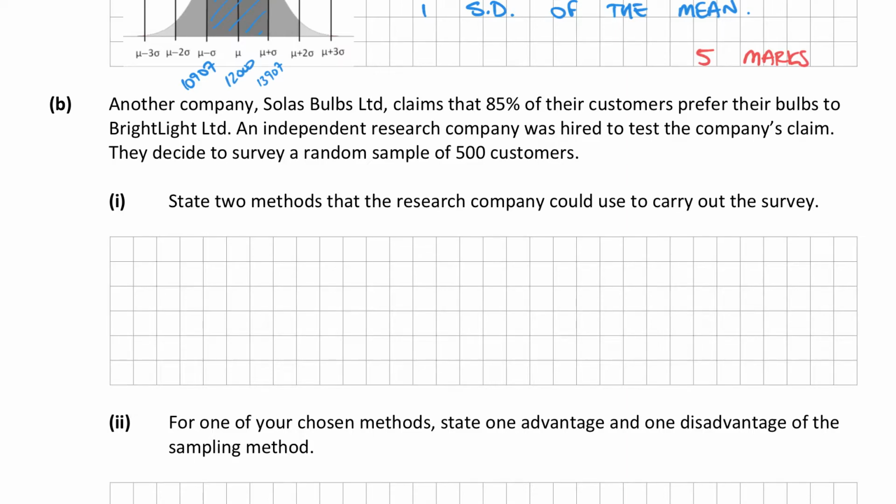So, obviously there's loads of different ways you could conduct that survey. They could do online surveys, they could do telephone calls, they could do customer feedback. So there's loads of different ways they could do it. So we're just going to squeeze in two there. So we'll just do online survey.